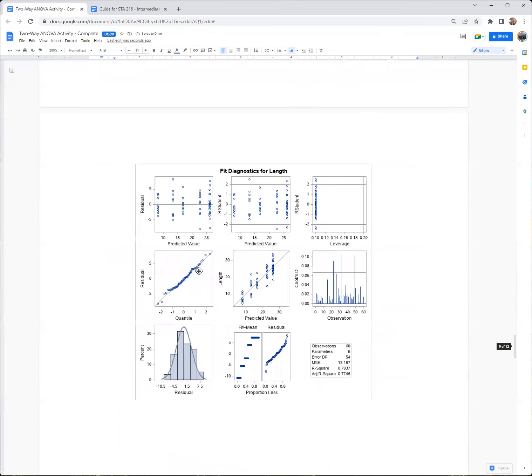Again, going back to our 3x3 grid of diagnostic plots, we look at the top left one for checking the homoscedasticity assumption. In this residual by predicted value plot, we look at this vertical spread going left to right.